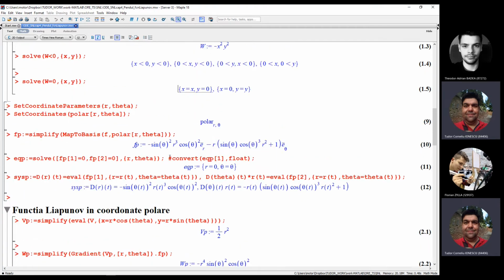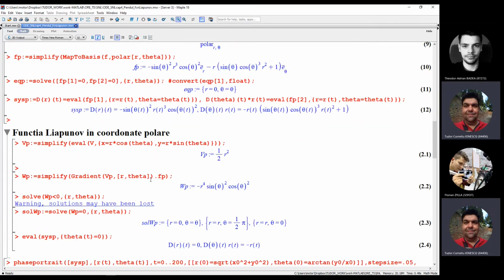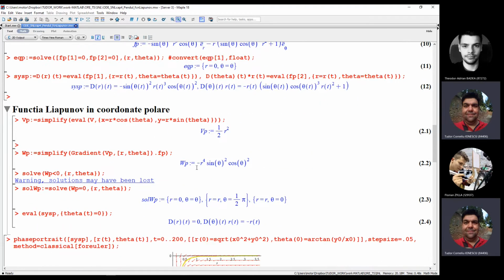So the first approximation doesn't tell you anything. If the first approximation isn't telling you anything, you can go search for a better Lyapunov candidate function. I'm passing everything in polar coordinates, and in polar coordinates you see the W, just like I told you in the last example of the lecture.